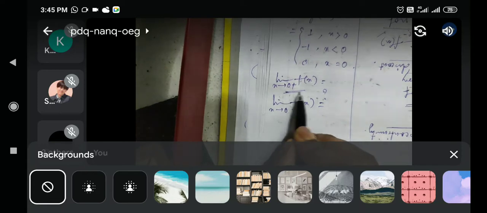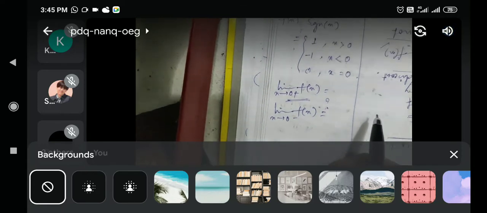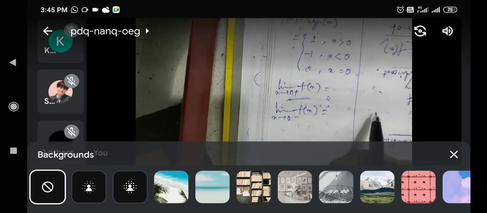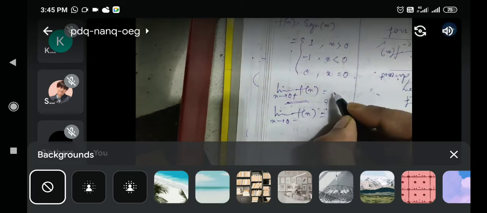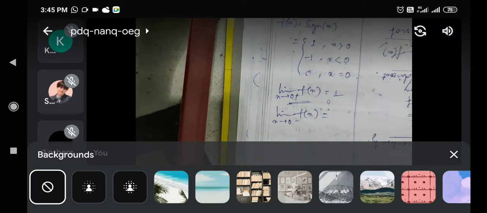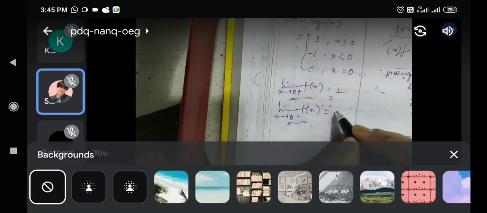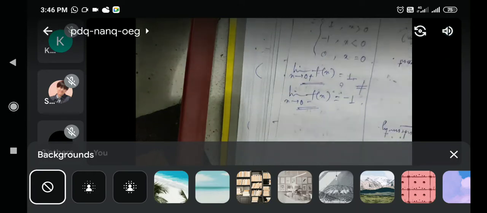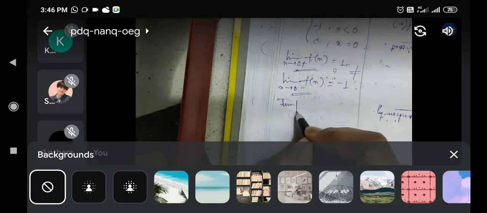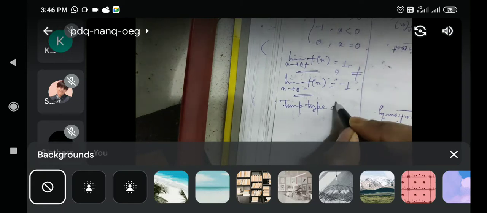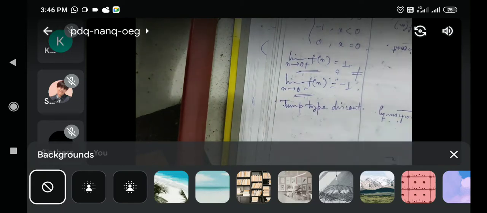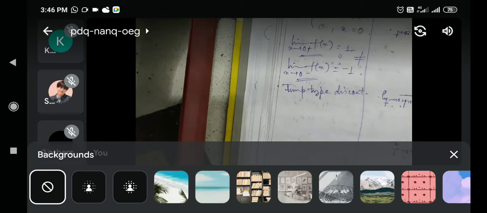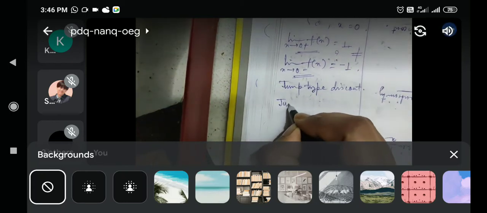What's the right hand limit? 1. And the left hand limit? -1. Both are not equal. So this is jump type discontinuity. And what is the jump of the function?